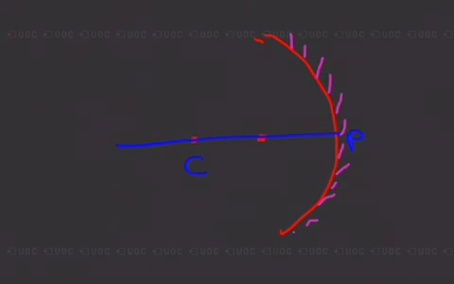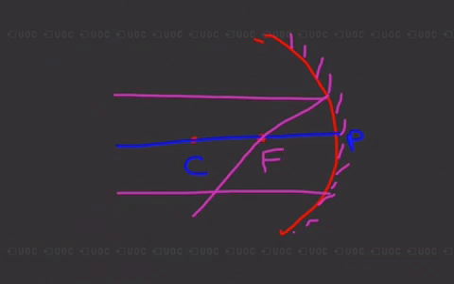So basically, when the incident ray is parallel to the principal axis, so when these two are parallel, the reflected ray always passes through the focus. And we know that the focus is a point where all the reflected rays intersect or converge.